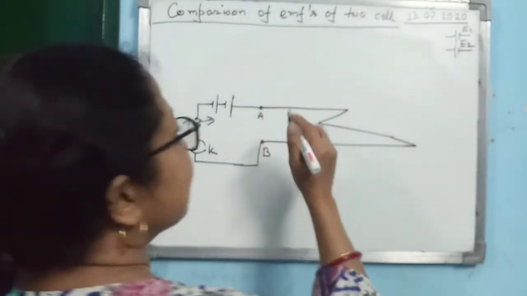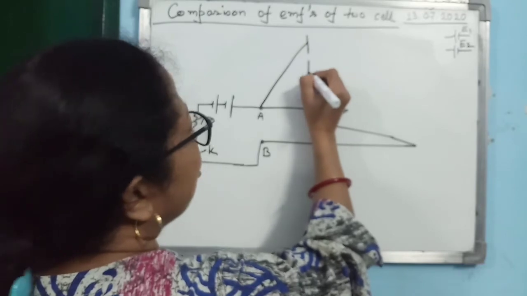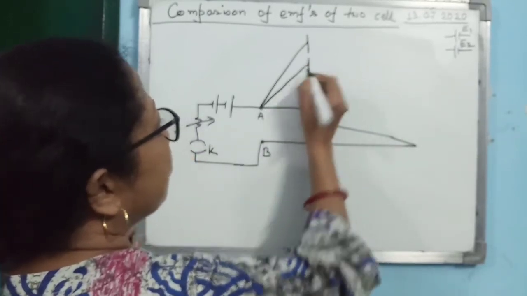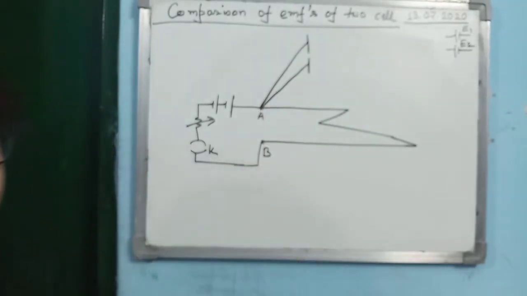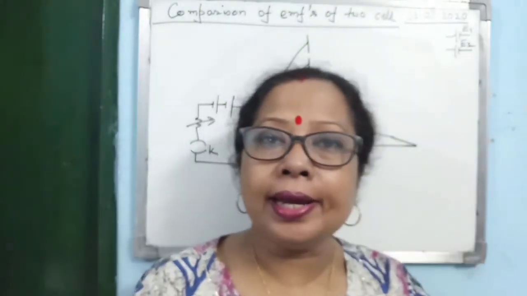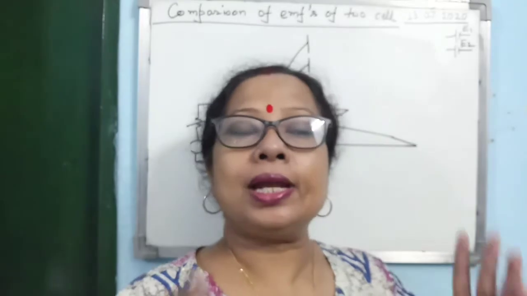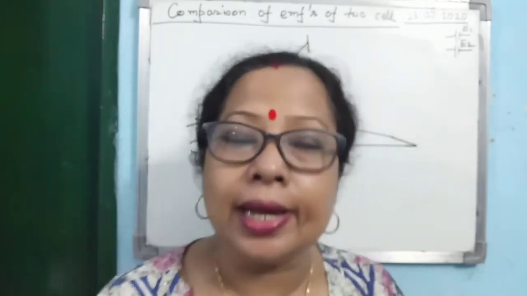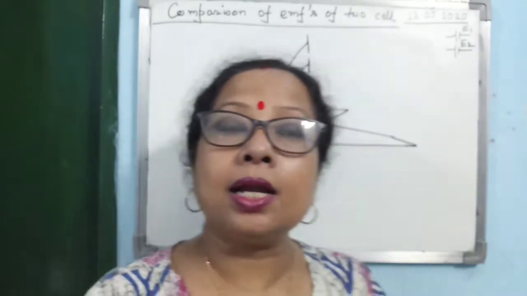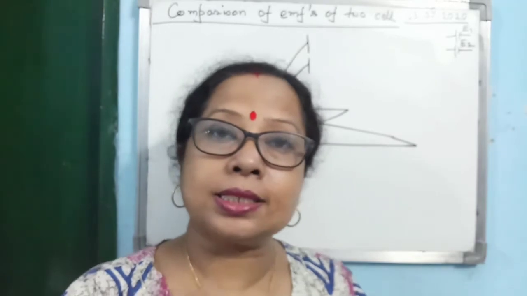Then what is the next part? You connect the positive terminal of both the cells whose EMF you want to compare to A. This is the first point you have to remember: when joining any number of electric cells in a potentiometer circuit, the positive terminals of all the cells should be connected to the same point.